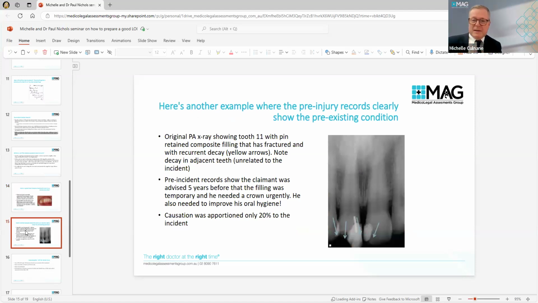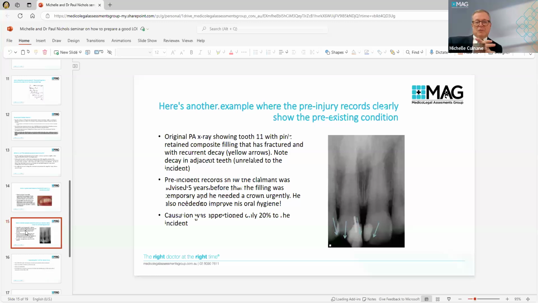This is an x-ray pre-incident of a car accident where the patient claimed that the teeth were broken as a result of the accident, claiming that they hit the steering wheel. Well, all the evidence was against that sort of an accident because it was a T-bone accident, and the patient hit the side of her head and not the front.